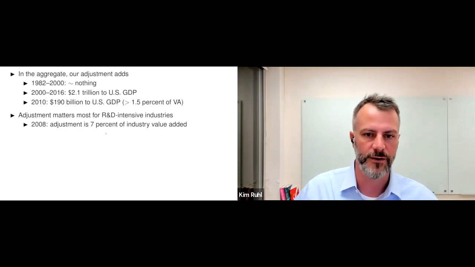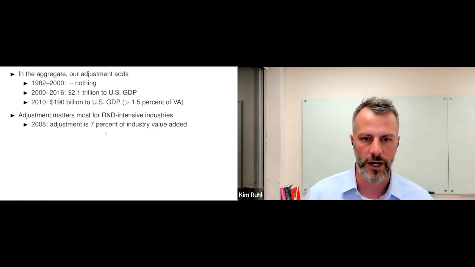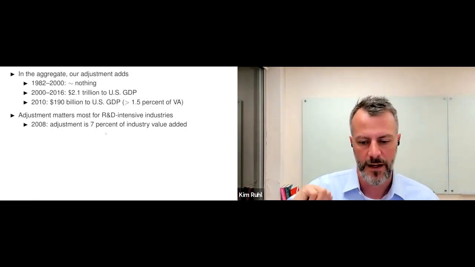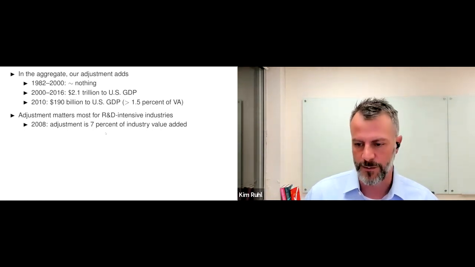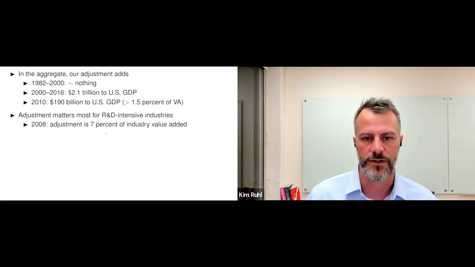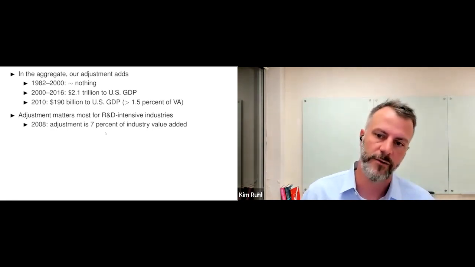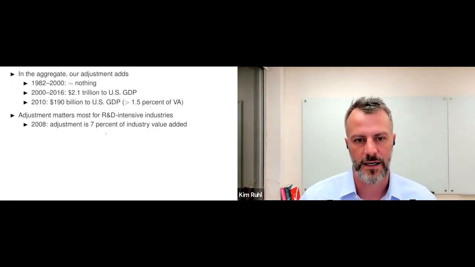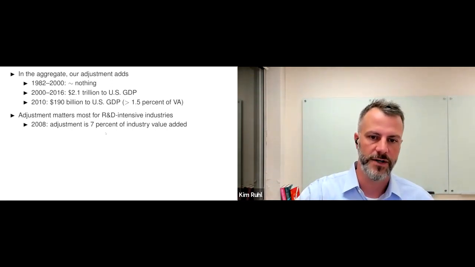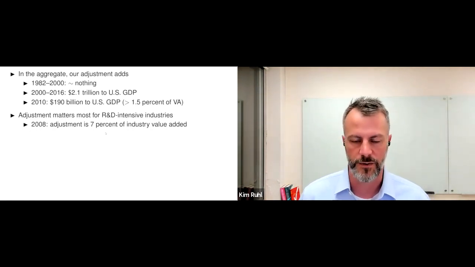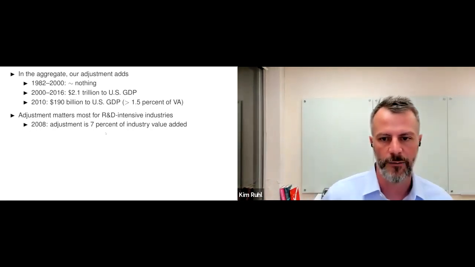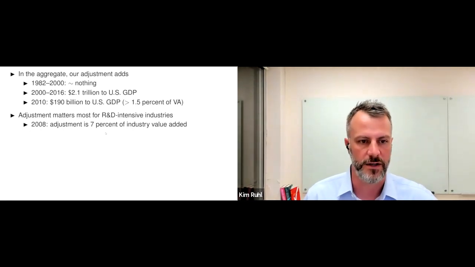In particular, the firms who seem to be most engaged in this work are in what we're going to call R&D intensive industries, and we see that as partially supporting the idea that it's intellectual property or intangible property that makes it easiest to do some of these profit shifting strategies, particularly the ones that involve moving some assets to countries where we're not actually doing any production or sales. So for these R&D intensive industries, the adjustment can be as big as 7% of the industry's value added. So compared to official statistics, the output of these industries might be 7% larger than we're measuring.